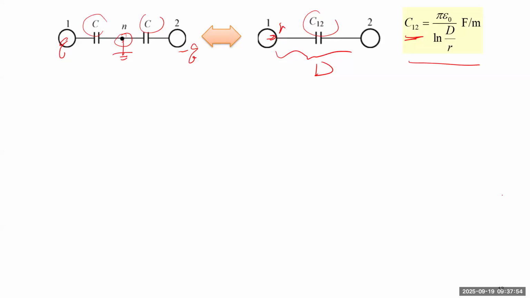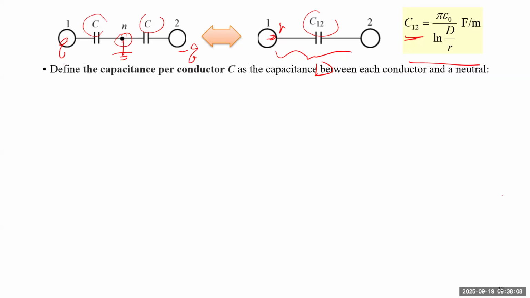But actually, if I have a single capacitance treated as a series connection of two capacitances, each capacitance has to be double the original total capacitance. So that's different from resistance or inductance. So we define capacitance per conductor as C. This is what we want to find for our calculation.